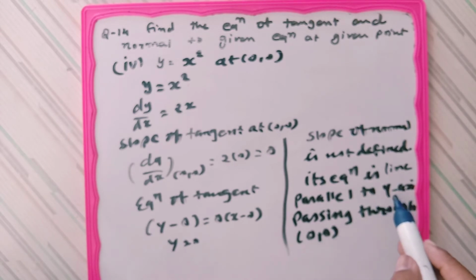A line parallel to the y-axis passing through (0, 0) is x equals 0, and so the required normal will be x equals 0.